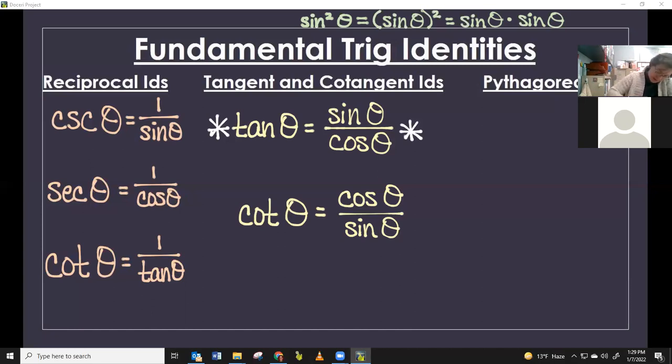All right. First Pythagorean identity. Sine squared theta plus cosine squared theta equals 1.